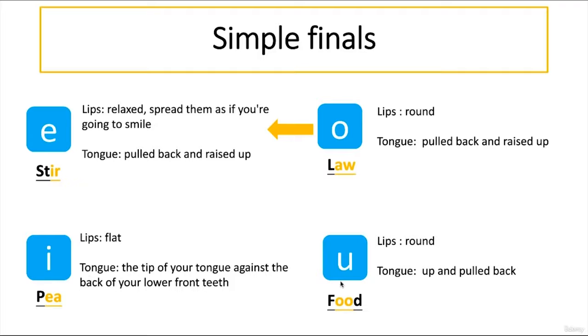Next one, u. It sounds like the OO when you say food, but in Pinyin, u's lip shape is round with just a small opening to let the air out. Also, when you say u, your tongue shouldn't be touching your teeth at all. Remember how you pronounce o with a round mouth, tongue up and pulled back.